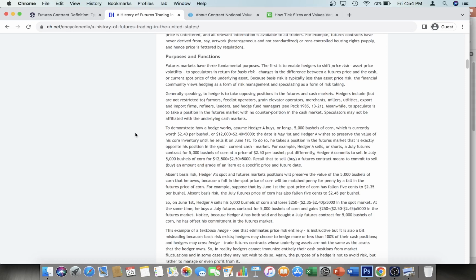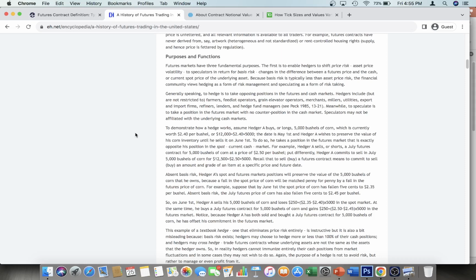So we know the farmer wants to manage his risk in case the price falls, right? That's why he sold a contract. Now, who would buy that kind of contract? Let's say you're Kellogg's and you make cornflakes, and you need corn to make your cereal. And you're forecasting your expenses for the year and you think $5 per bushel for corn is a fair price.